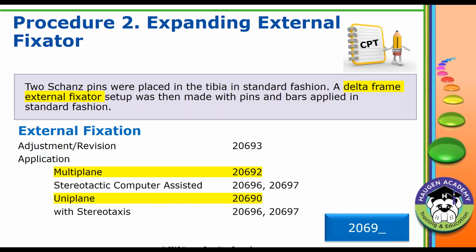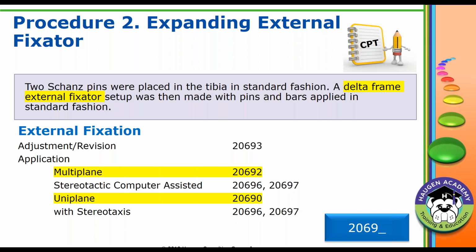And then they had a second procedure, which was the external fixator. So after a reduction, but before closure of the operative site, the surgeon applied an external device to further stabilize that healing. So our first CPT code only included internal fixation.